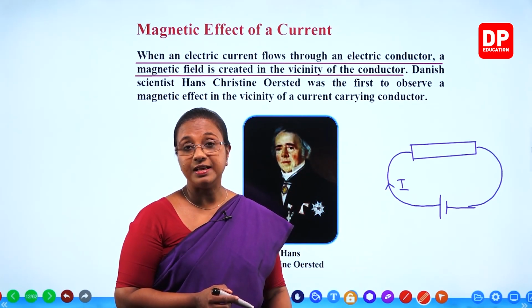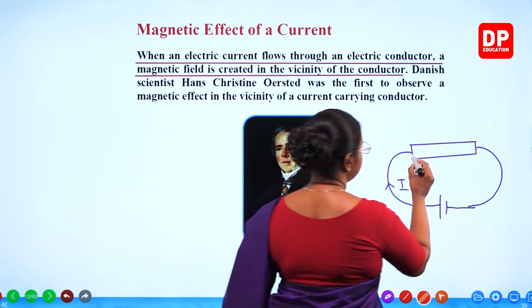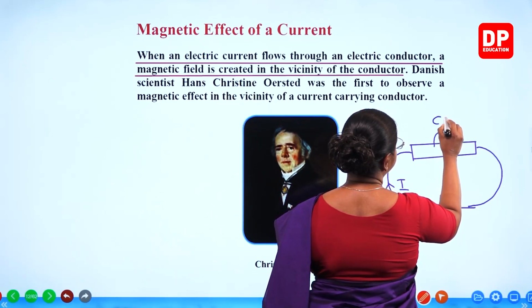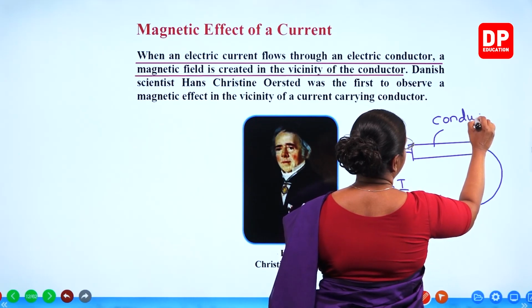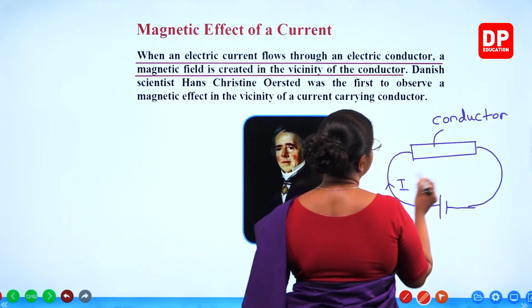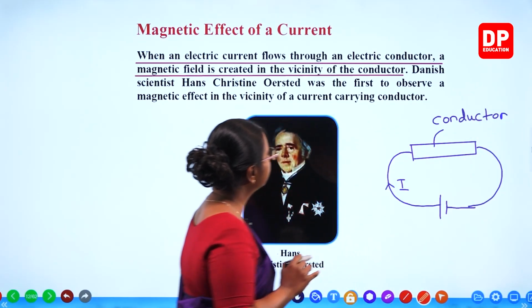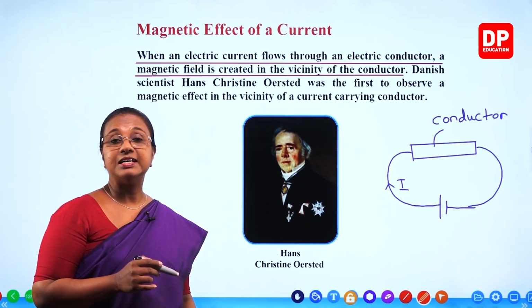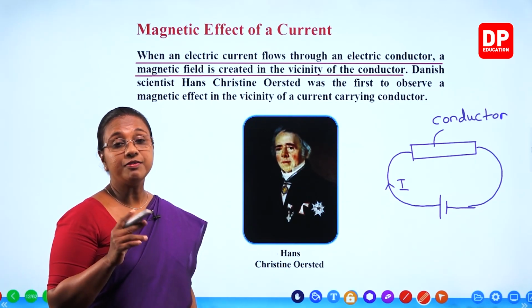So this is the conductor, and around the conductor there will be a magnetic field generated, and that is the magnetic effect of current.